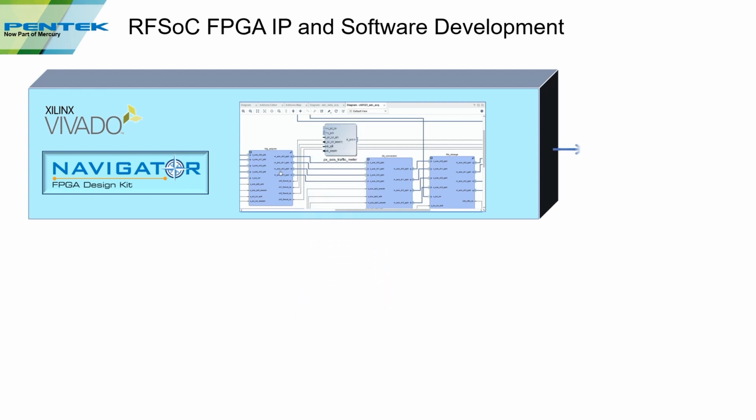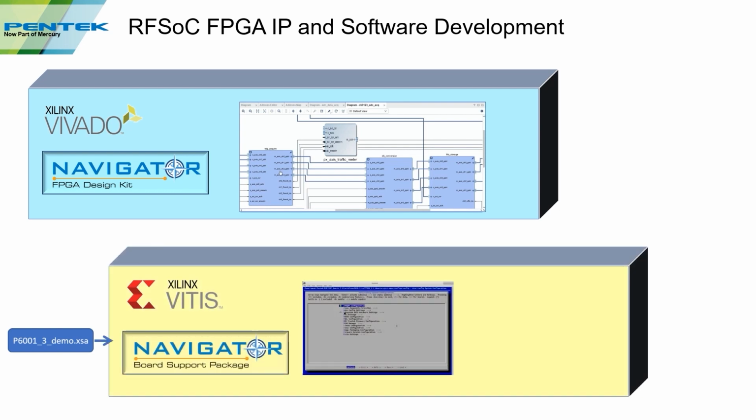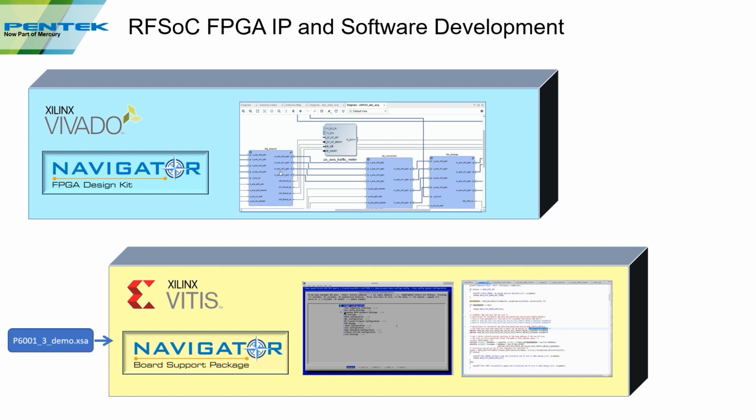We compiled it, created a new output image, brought that image into Xilinx's Vitis tools, and there we used the Navigator board support package to create a new kernel, including now support for the new IP that we installed. Went in, modified the software, and ultimately created and ran our application with the modifications.